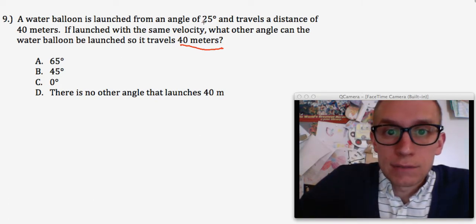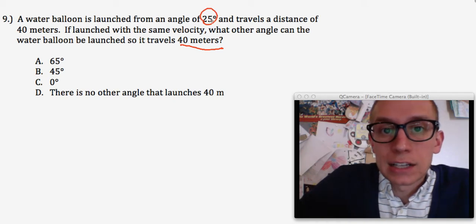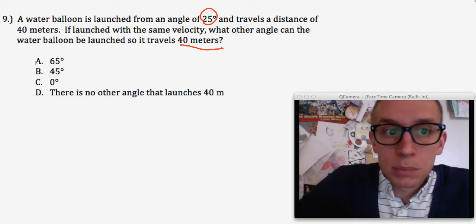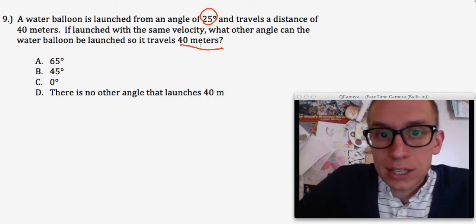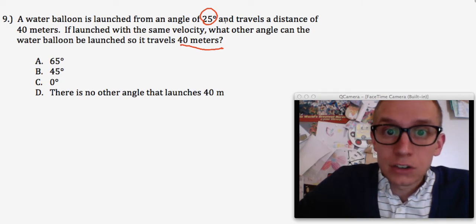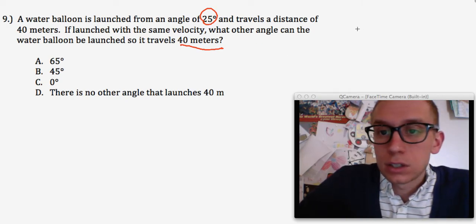So at first, it was launched at an angle of 25 degrees. 25 degrees is 20 degrees away from 45. So if we want to pick the angle that will also launch that same range, it needs to be an angle that is also 20 degrees away from 45.